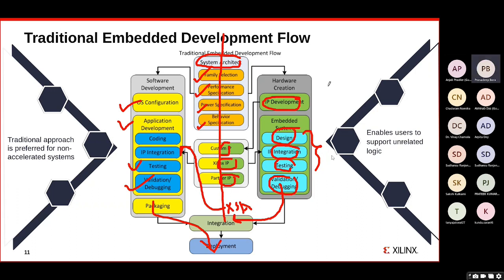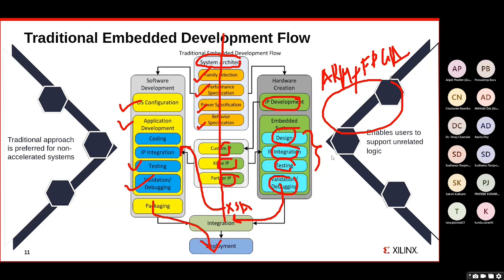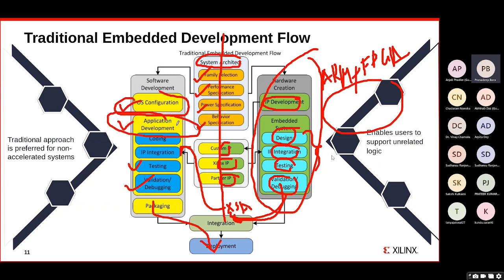So the advantage of using ARM plus FPGA is that, depending upon the specification, since FPGAs are programmable, I can create any kind of hardware that we need, which will lead to the creation of different embedded systems with the same Zynq SoC chip only. But we have to come up with our own hardware, test it, integrate it, then send it to the XSA file, where the OS configuration and some parts of the application development will be done at the software level.